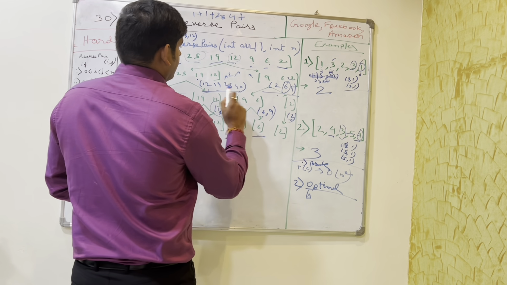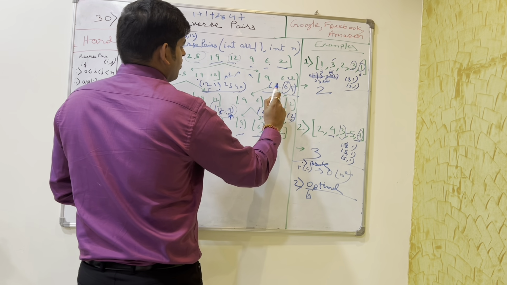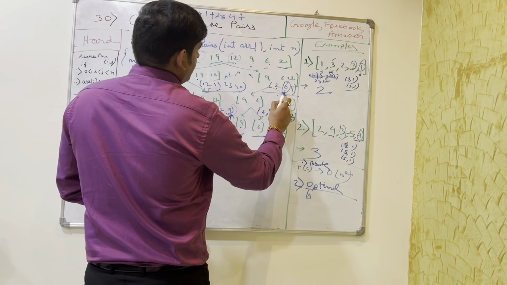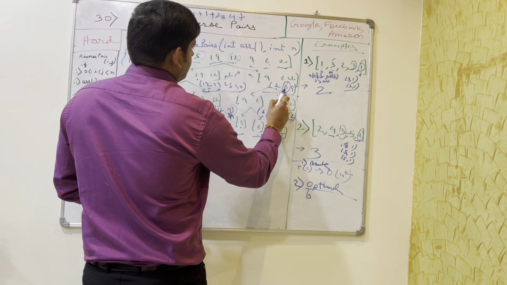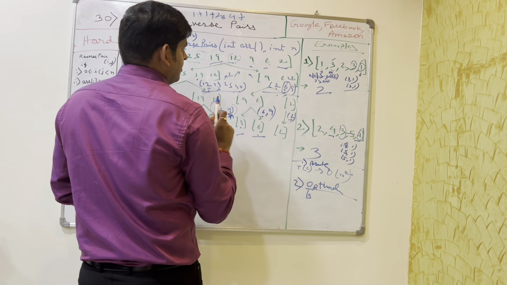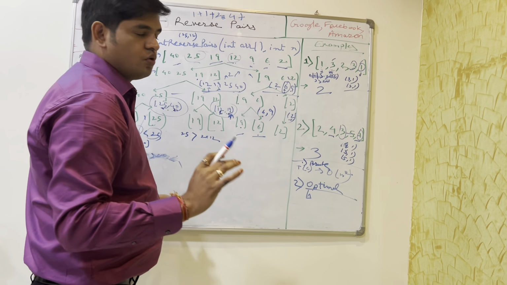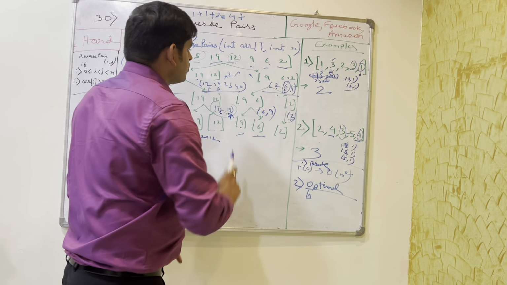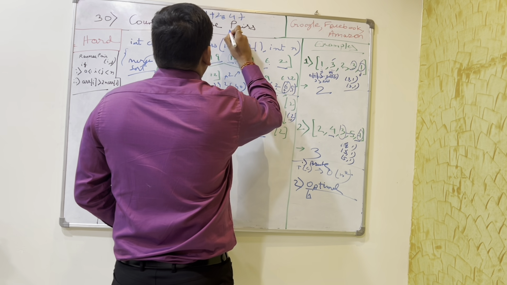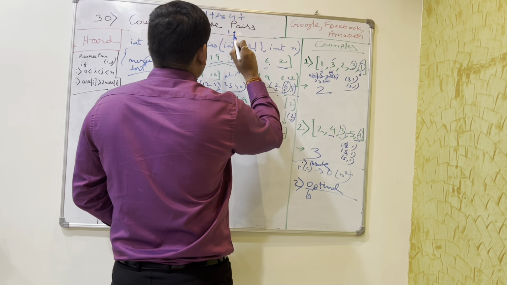So when this doesn't work for 12, we move to 19, and we don't go back to 2; it will start from 6 only. So 19 works here: 6 into 2 is less than 19. So for 19 it worked. Again we move to 9: 9 into 2 is 18, which also works for 19. So for 12 there was one pair, but for 19 all of them are pairs.